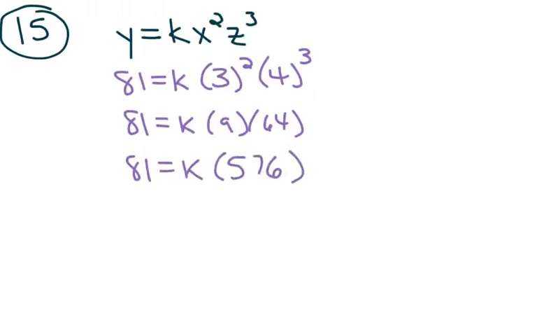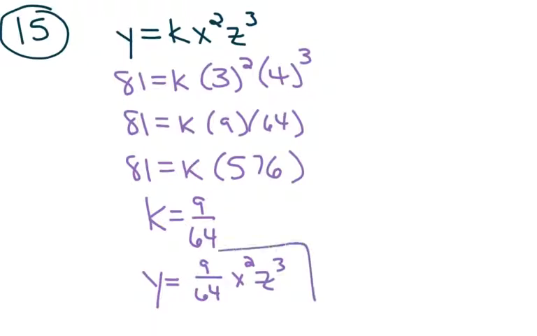And then 81 over 576, let's see if that reduces. It does, to 9 over 64. So the equation that represents the situation is y equals 9 over 64 x squared z cubed.